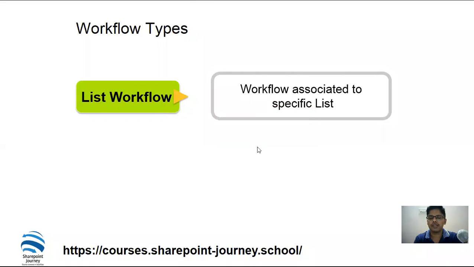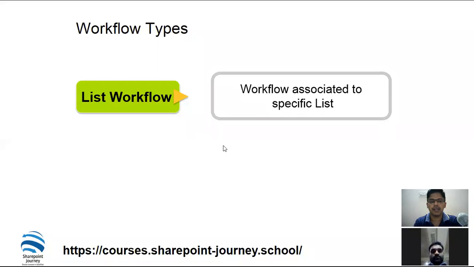That's about the list workflow, which is the first option. The problem with this list workflow is that whatever workflow you develop will be associated with the list. That means when you're trying to reuse the workflow that you have built with another list, then you have a problem there.